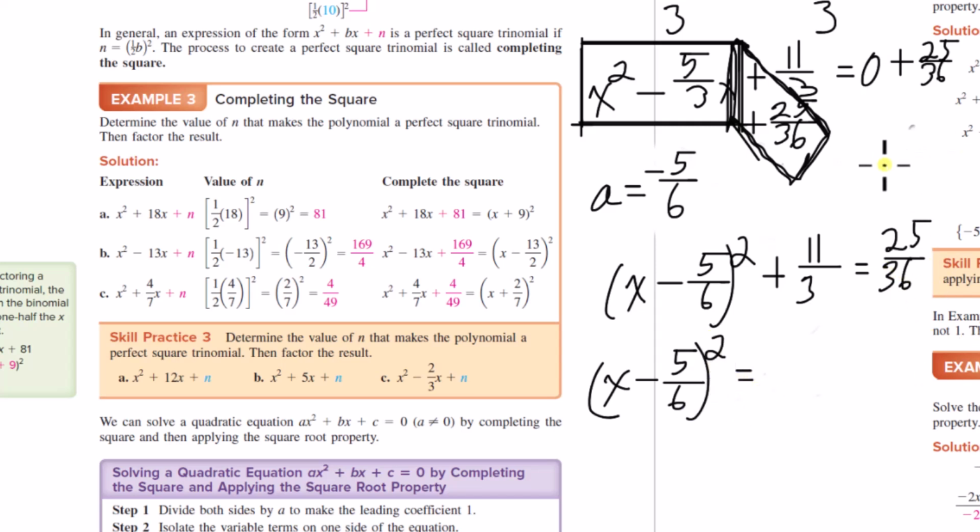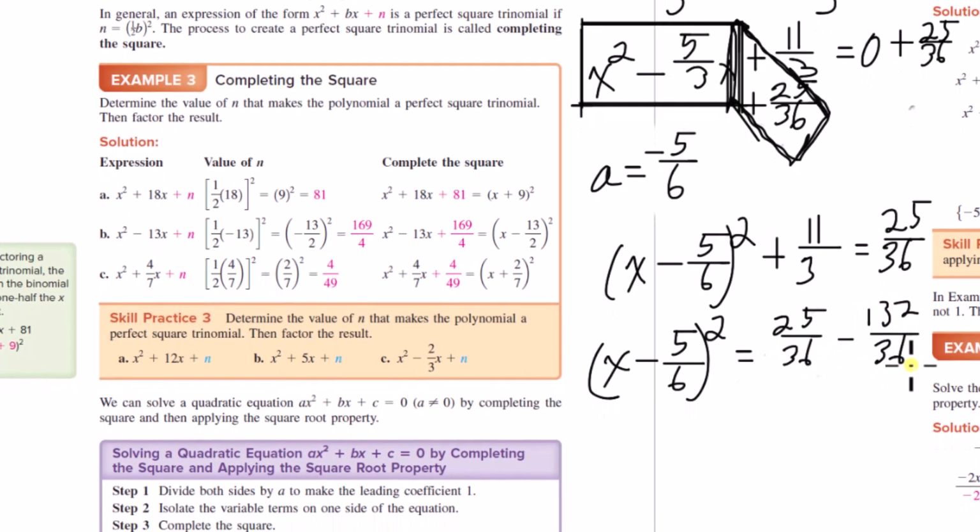So, okay, 11/3 is 12 times 3 is 36. So what's 12 times 11? 132. So, okay. 25 over 36 minus 132 over 36.